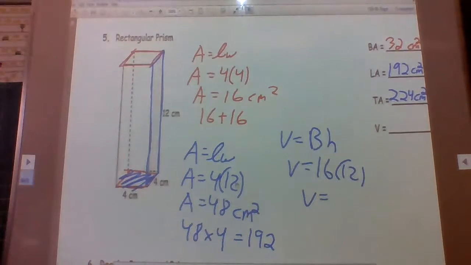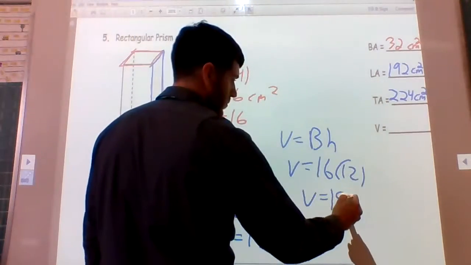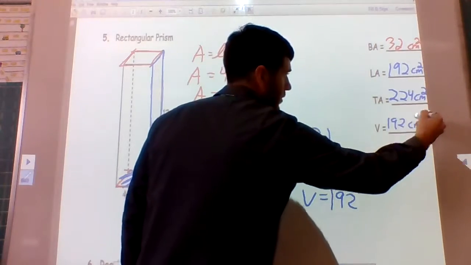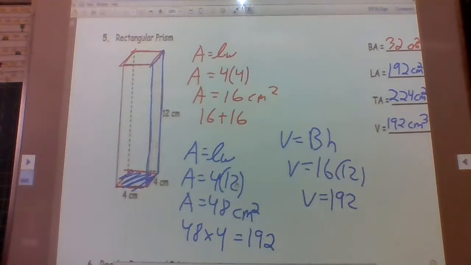What's that? 192. Okay, and those units are centimeters cubed. Volume is 192 centimeters cubed.